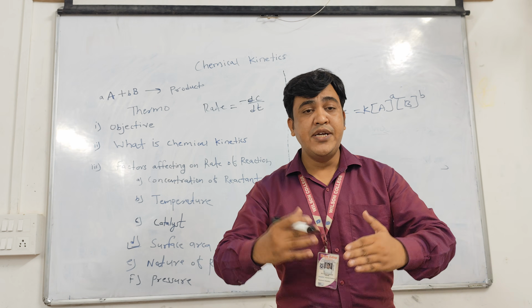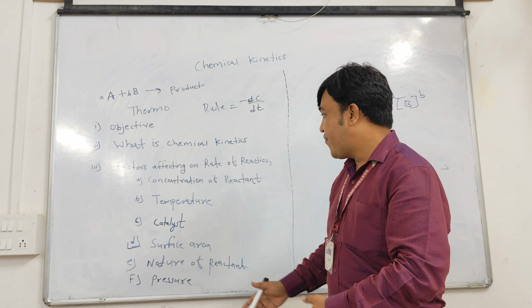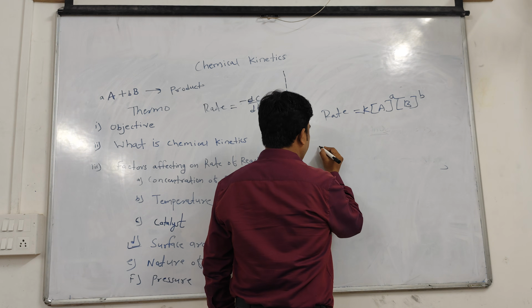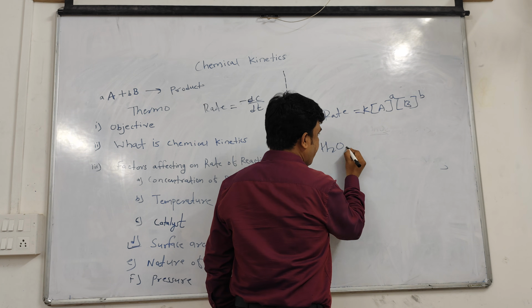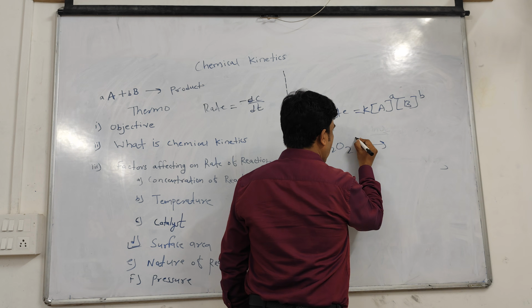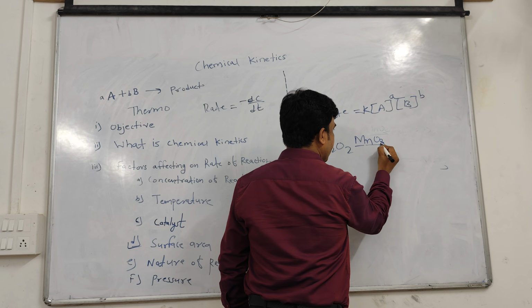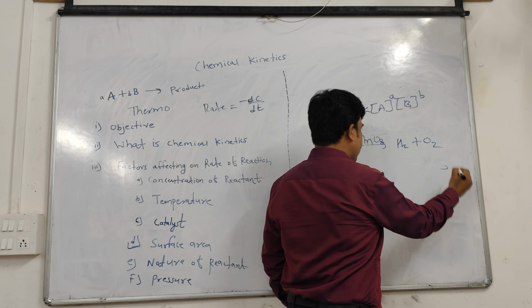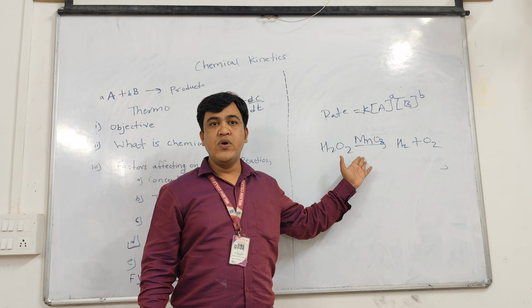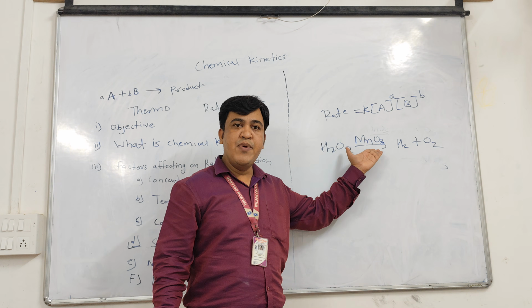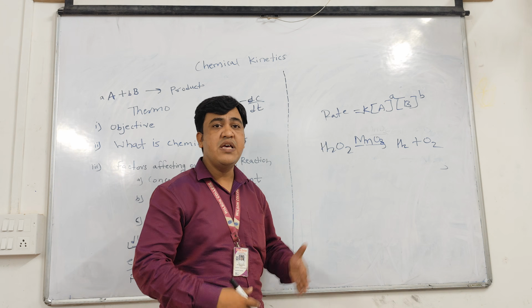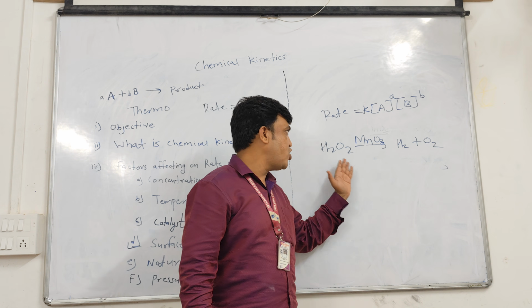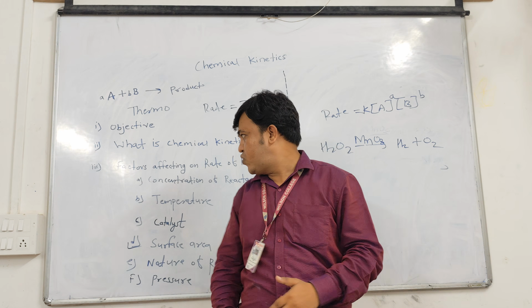For example, the decomposition of hydrogen peroxide in the presence of MnO2. MnO2 is a heterogeneous catalyst used to give hydrogen and oxygen gas. Without MnO2 it takes time, but when we use MnO2 as a catalyst, the rate of reaction increases, resulting in rapid decomposition of hydrogen peroxide into hydrogen and oxygen.